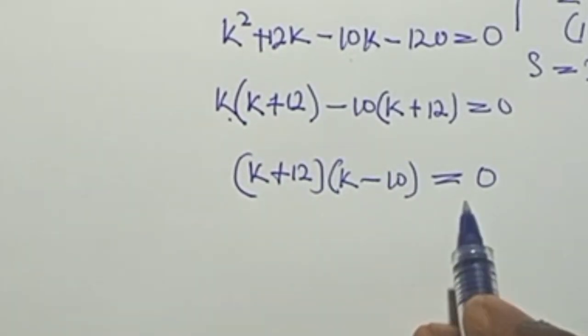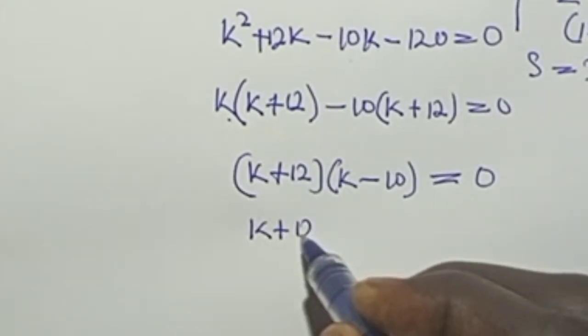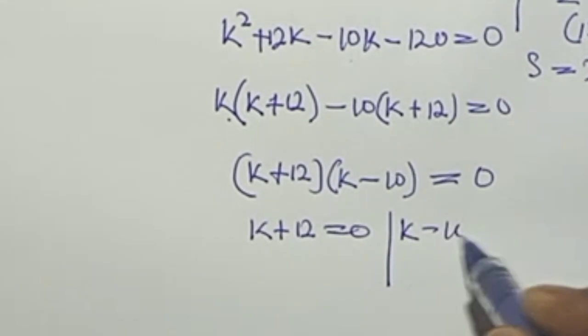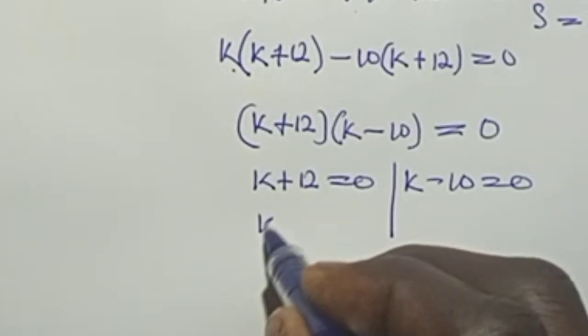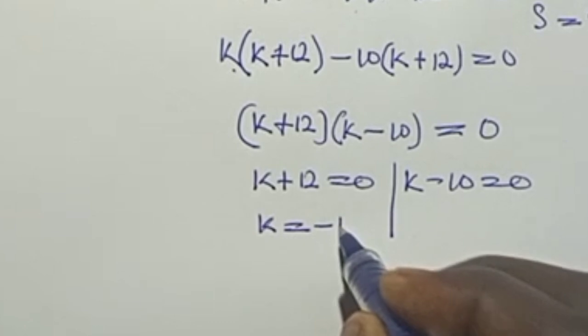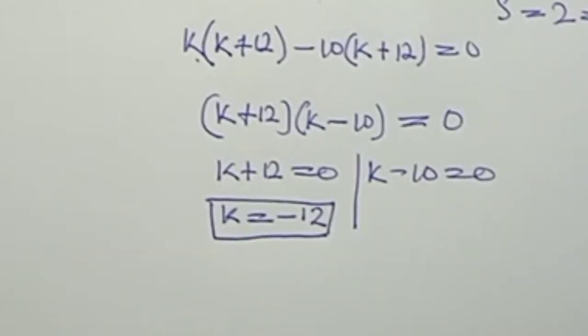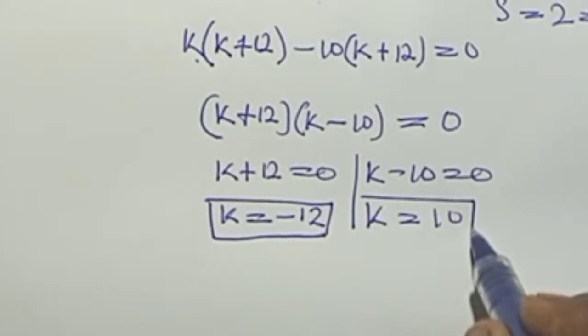This leaves us with two solutions: either k plus 12 is equal to 0 or k minus 10 is equal to 0. So from here, k is equal to minus 12, and here k is equal to 10.